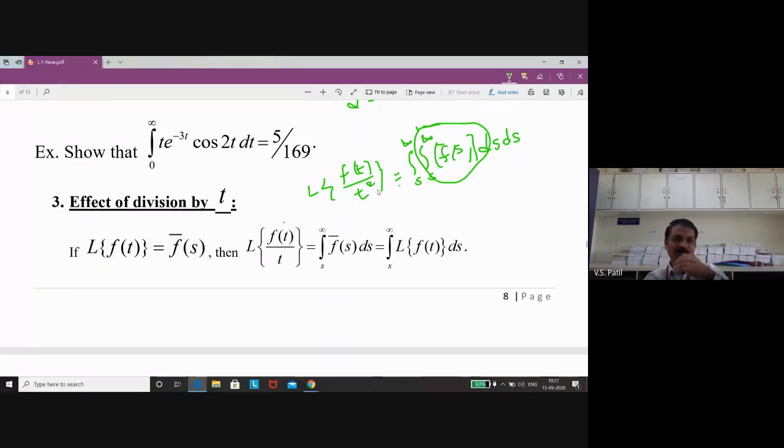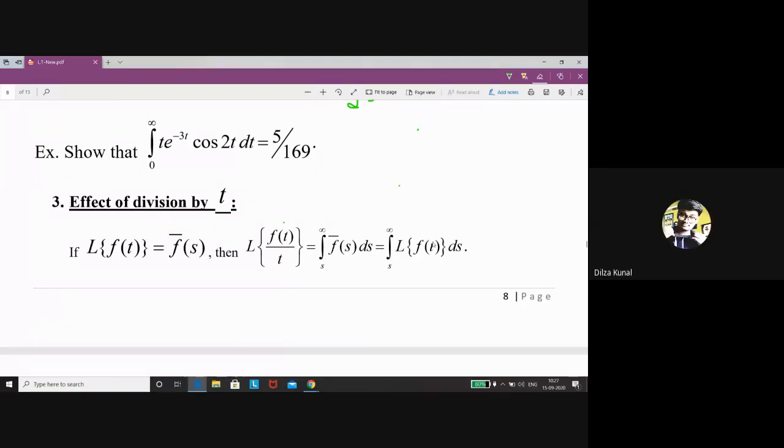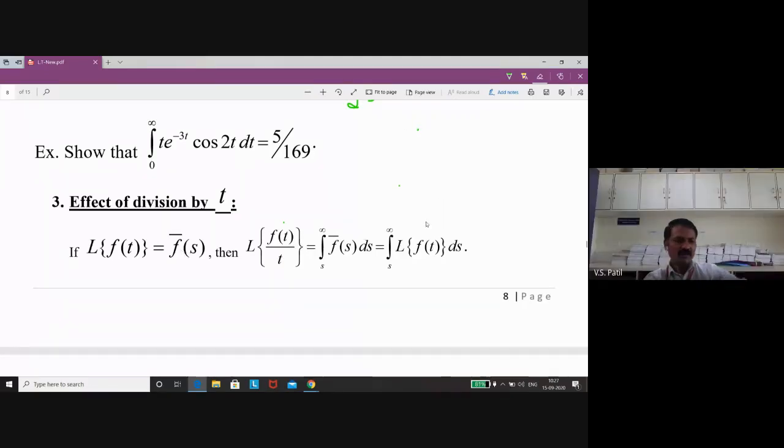So integration becomes difficult if the power is higher and higher. So for simplicity and for application purposes also, at the most they will take 2, not more than 2. Is that clear? Will you remember this property, because I am going to take 1 or 2 examples on this today.